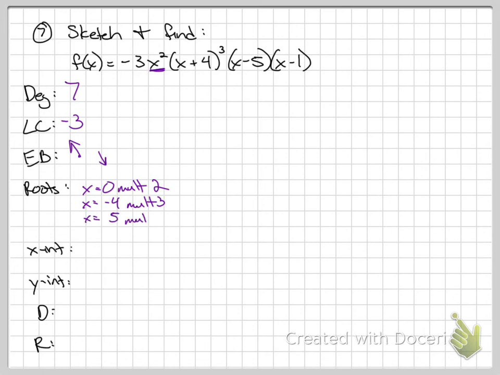5 multiplicity 1. And 1 multiplicity 1. So that's (0, 0), (negative 4, 0), (5, 0), (1, 0). When you have (0, 0) as an x-intercept, you automatically know your y-intercept.